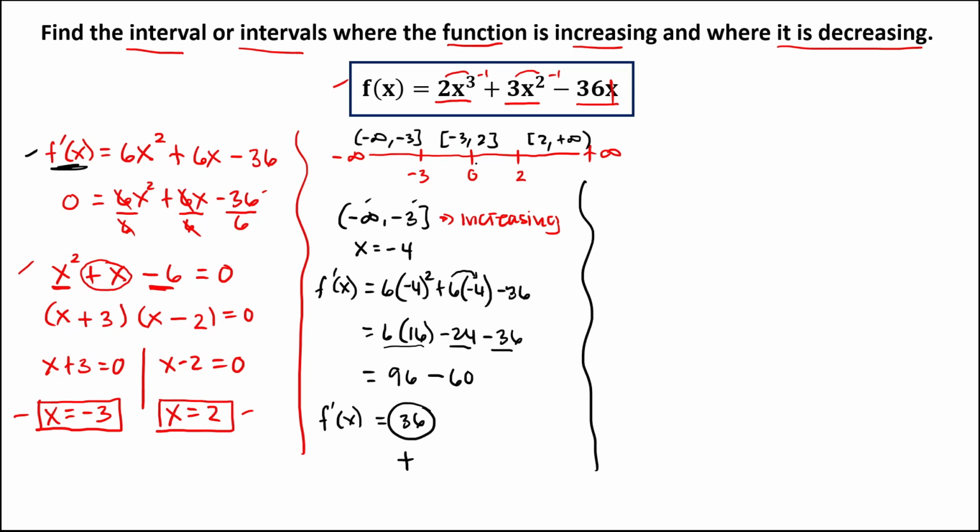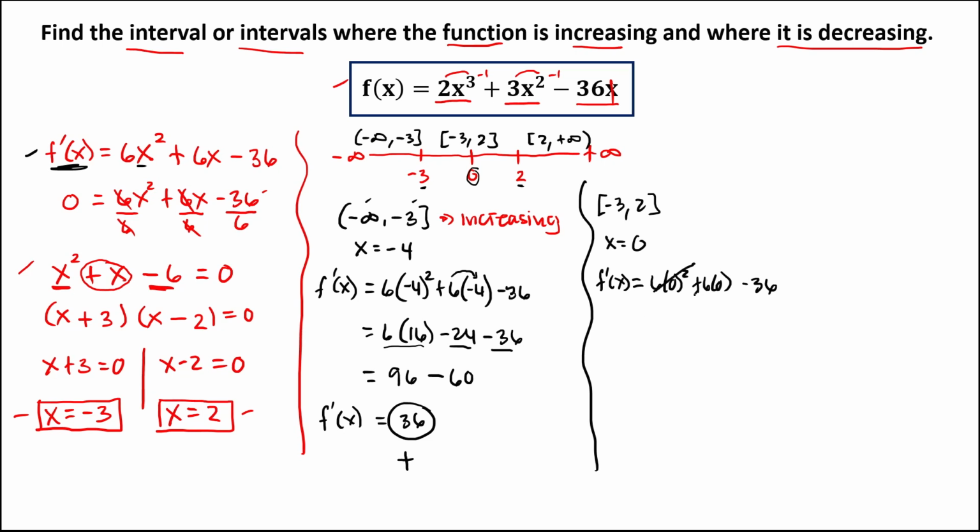Then from the second interval, we have negative 3 and positive 2. Then we need to assign x a number between negative 3 and positive 2. So we can use 0 as the value for x. Then from the first derivative, we have f prime of x equals 6 times 0 squared, because x is equal to 0, plus 6 times 0, then minus 36.